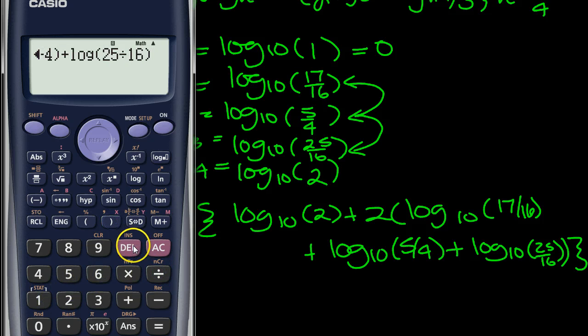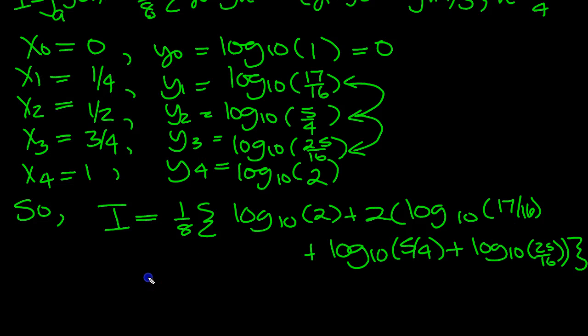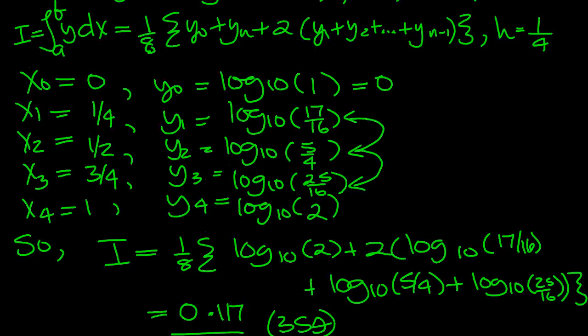Close that bracket, close the bracket for the 2 times and close the brace at the end, equals 0.117, to 3 significant figures. Okay, so that's part A done.